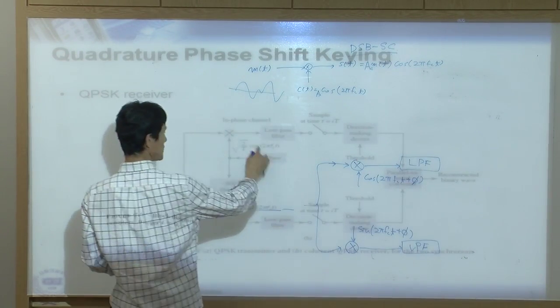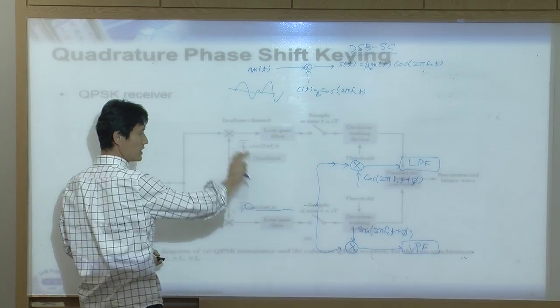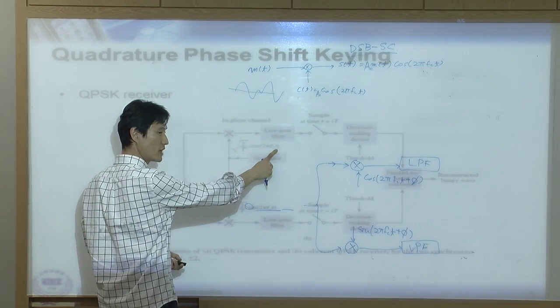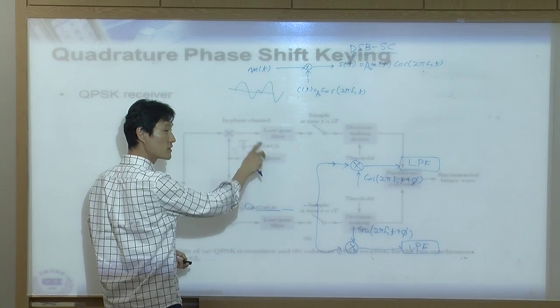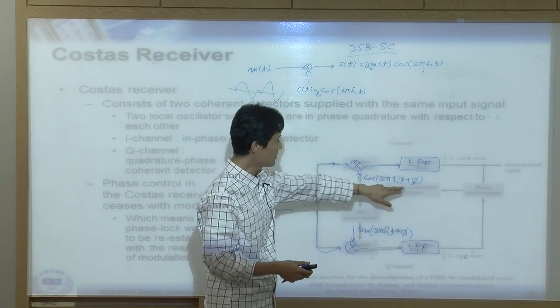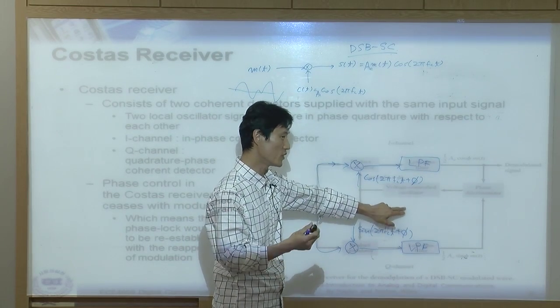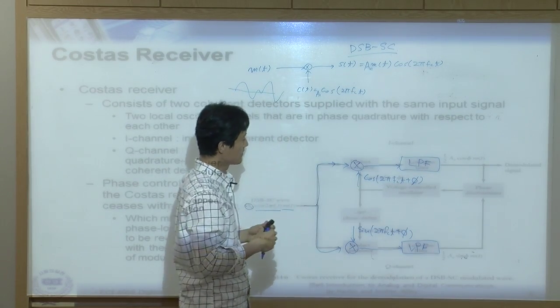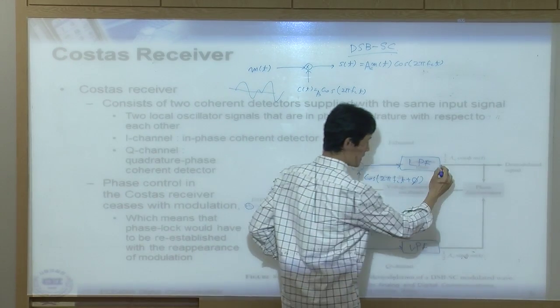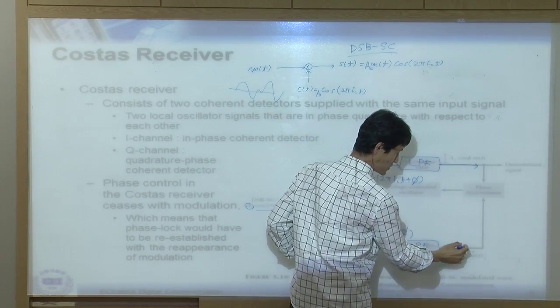See here, this is the I channel, this is the Q channel. We multiply by cosine and sine, but we assume that phase is 0. That is our assumption. So here in this Costas receiver, we have some phase. We don't know what it is, but we have some phase. And you have some output from the I channel and the Q channel.